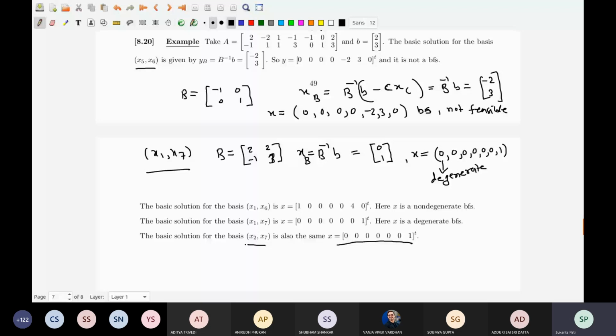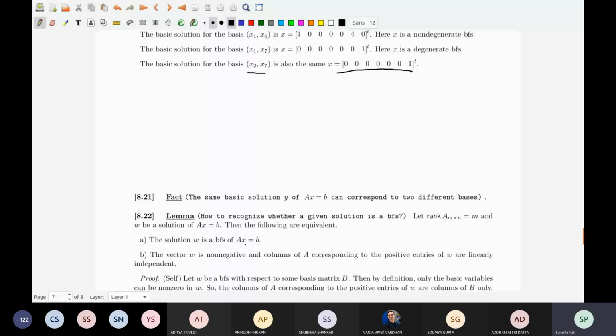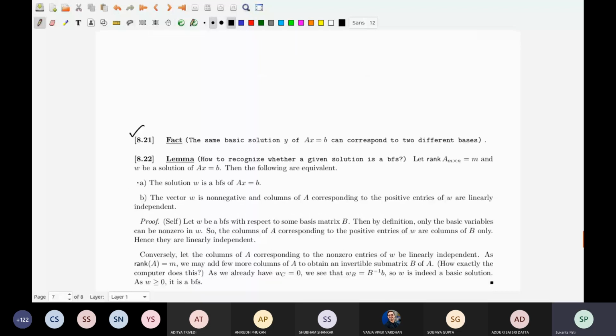So that is the fact highlighted over here. The first thing is, given a solution, how do I recognize that it is even a basic feasible solution? This test is very simple. You have to see whether the solution is all greater than or equal to 0.